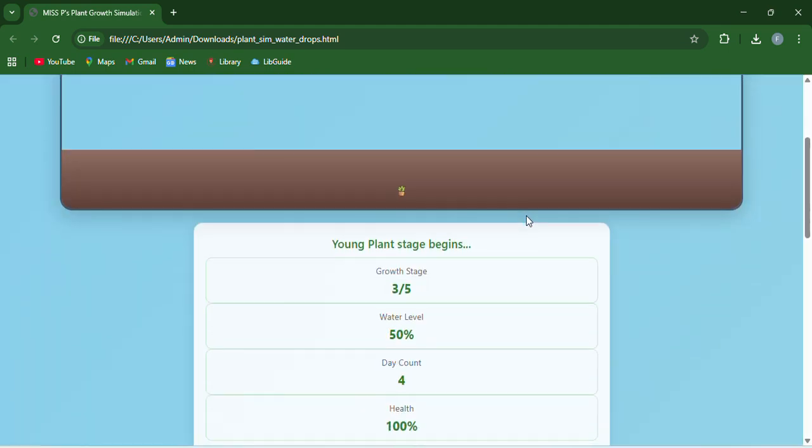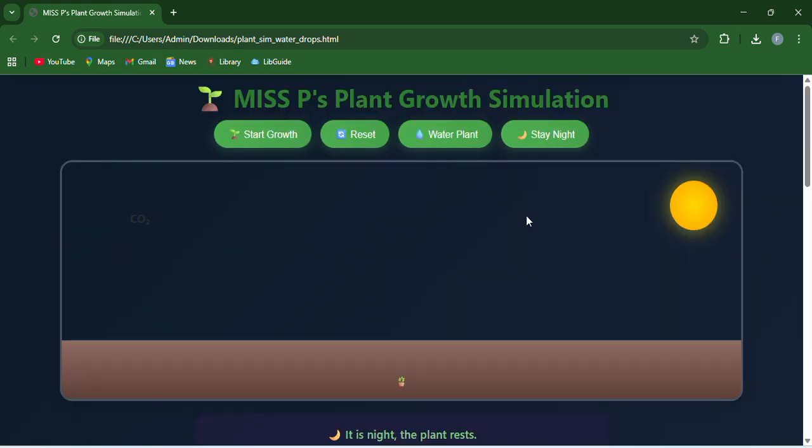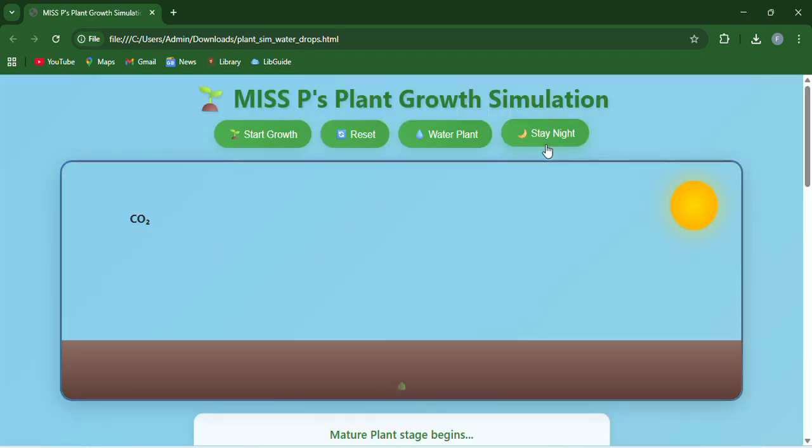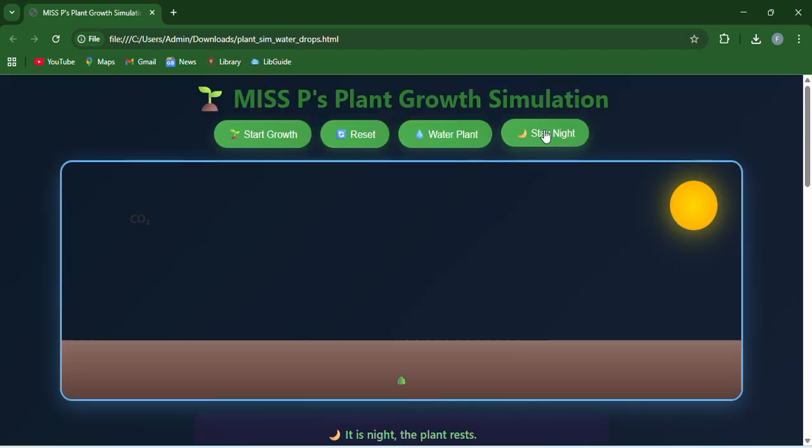It's just, I think, one day slower. Let's see if I say stay night, or maybe I could rephrase it and say let the seed receive no sunlight. But this is it.